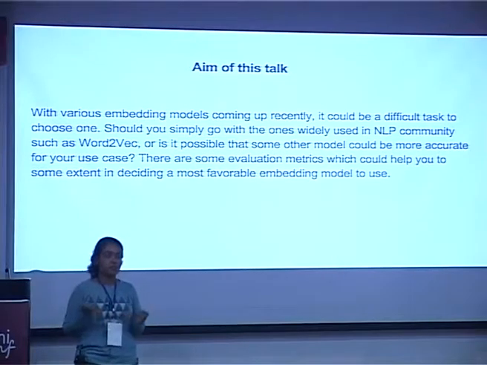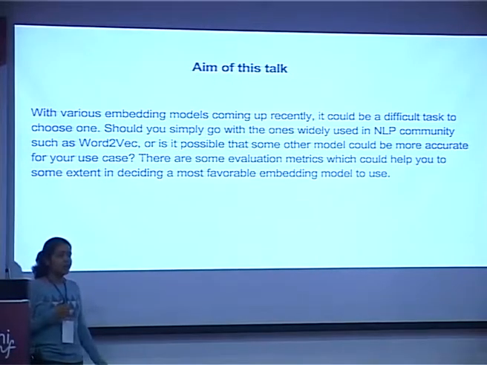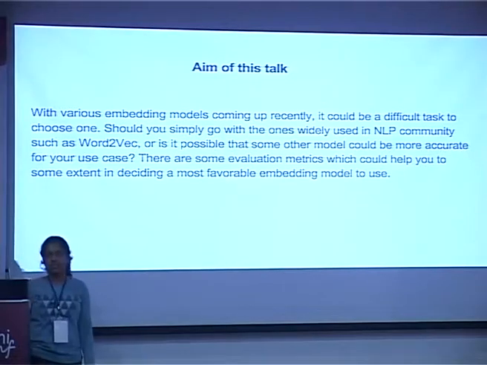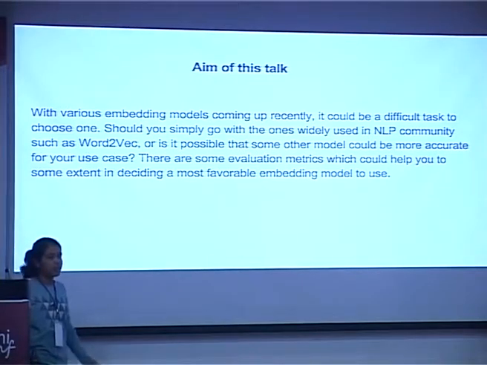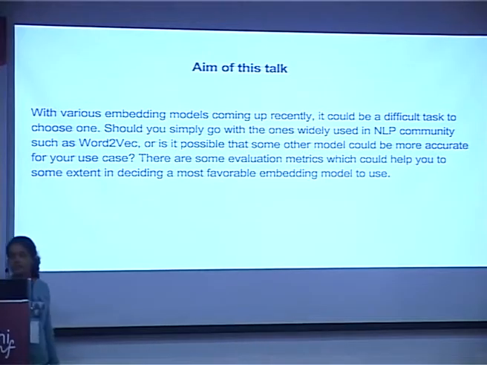Should you go with the super popular word2vec, or is it possible that some other embedding algorithm could be more accurate for your downstream task, like classification, clustering, and all? There are some evaluation metrics that I'm going to talk about, which could help to some extent in deciding this.